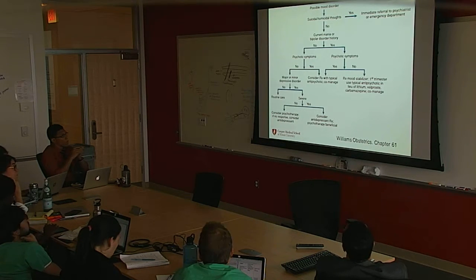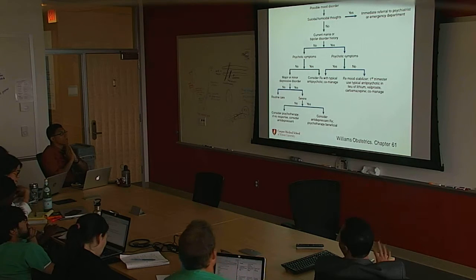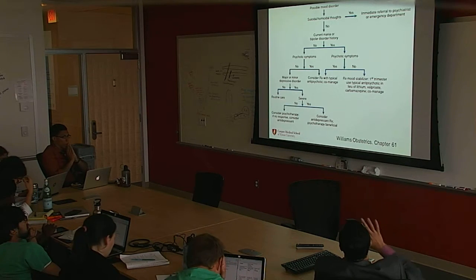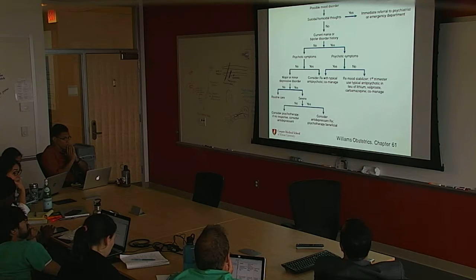And then here, what you do is consider possible mood disorder. So you check if there is a suicidal or homicidal episode. If there is, then immediately refer to the psychiatrist or emergency department. If no, then you check if there is any manic or bipolar history.